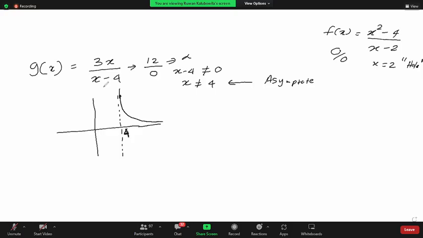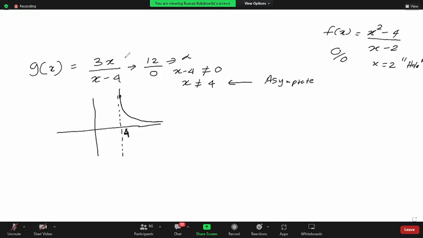Then let's take the other part. Let's apply number 0 here. Then what happens? 0 divided by minus 4 is equal to 0. Let's take another number, number 2.